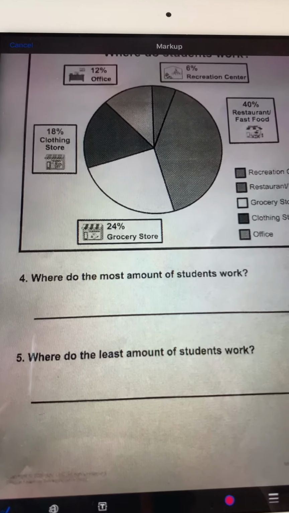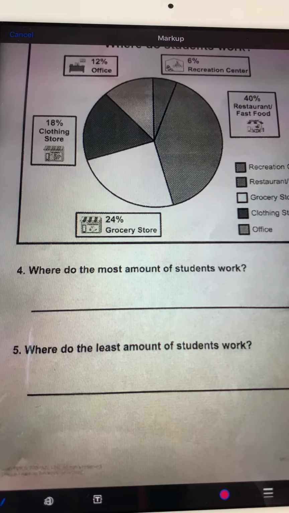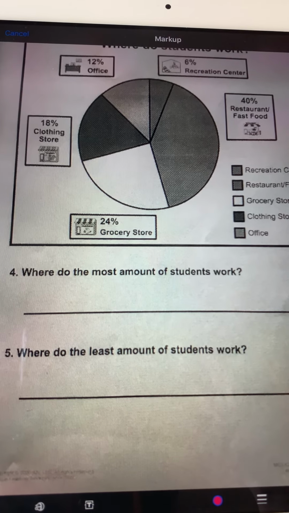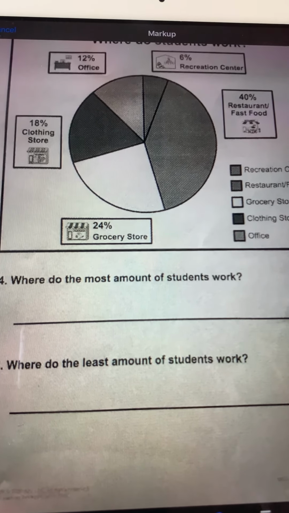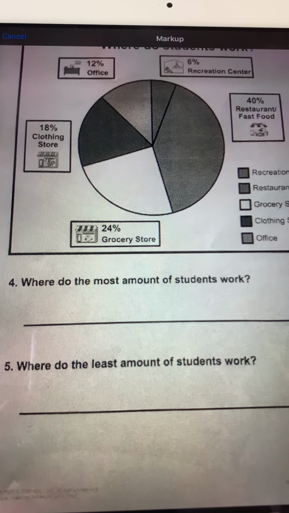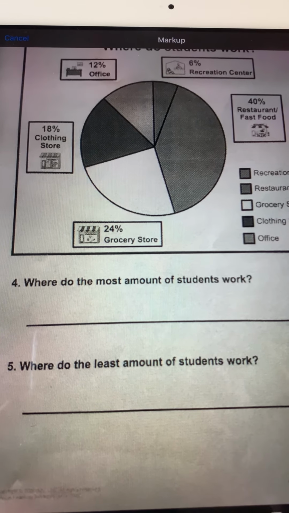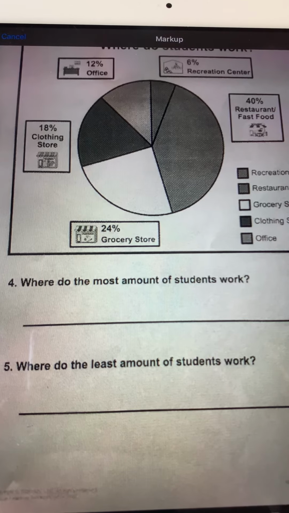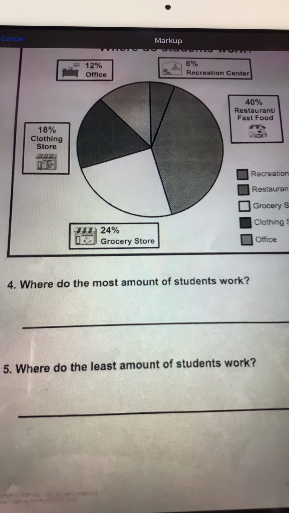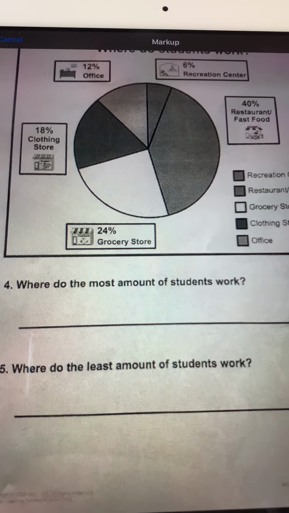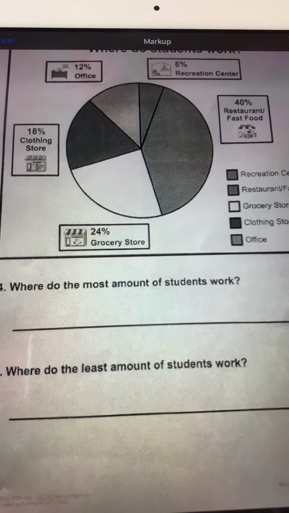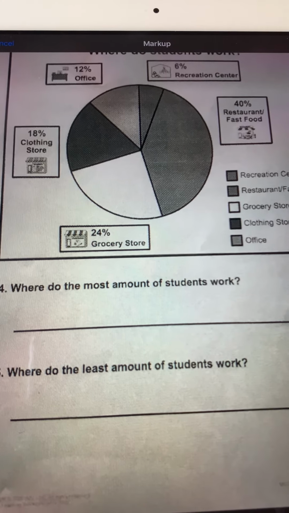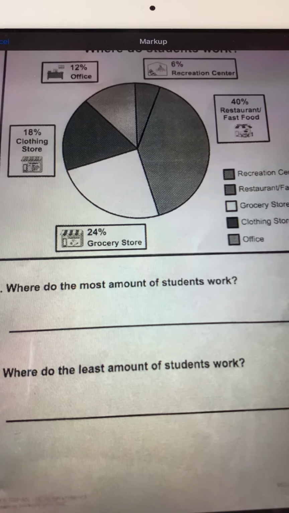Okay, so question 4 says, where do the most amount of students work? Okay, so which one do you think has the highest number? Is it 24, 18, 12, 6, or 40? Well, 40 is the biggest number, so that's going to be the one that we need to look at, and that one is restaurant and fast food.